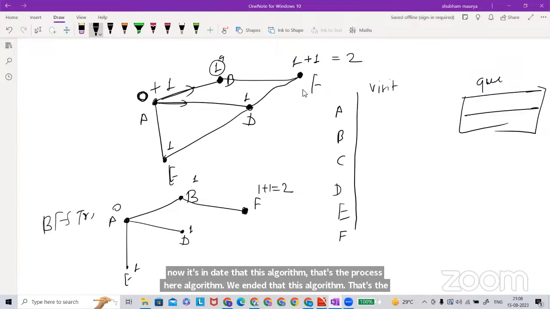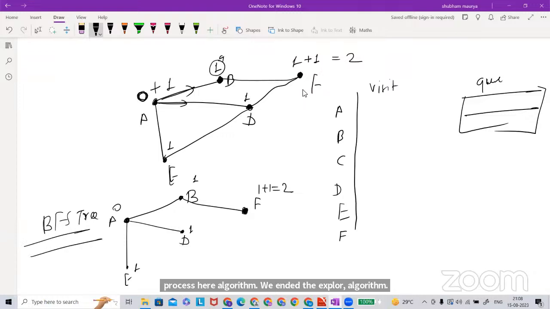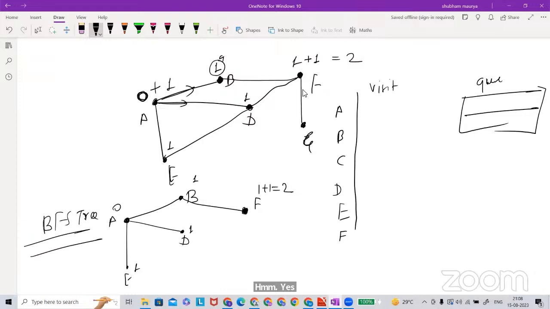Sir, if there is one node after E, G, right? After E, there is G. From E, connect E to G. And then what is the label?